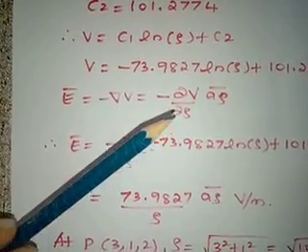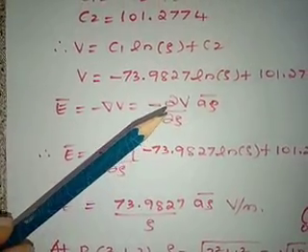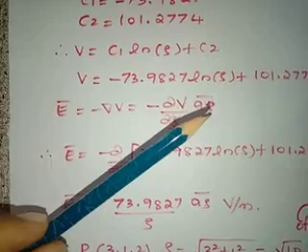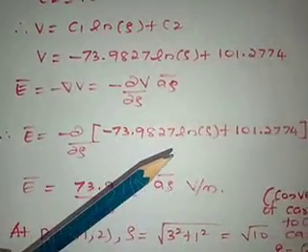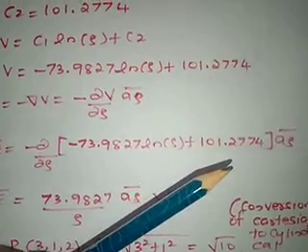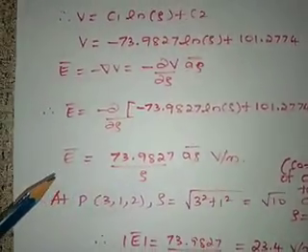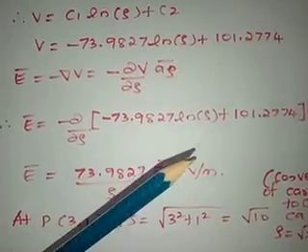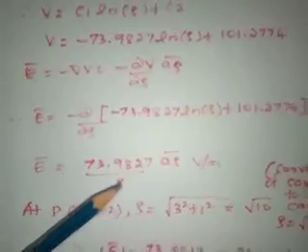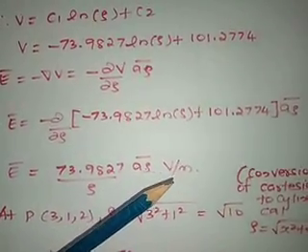So E bar is equal to 73.9827 ln rho, differentiation is 1 by rho, so E bar is 73.9827 by rho A rho volt per meter.